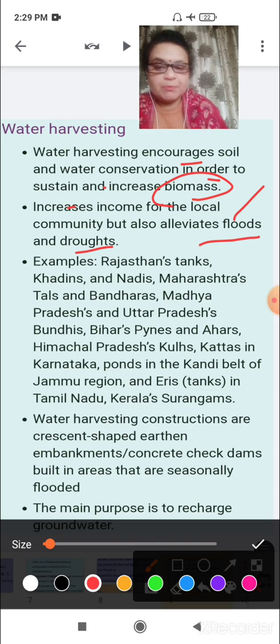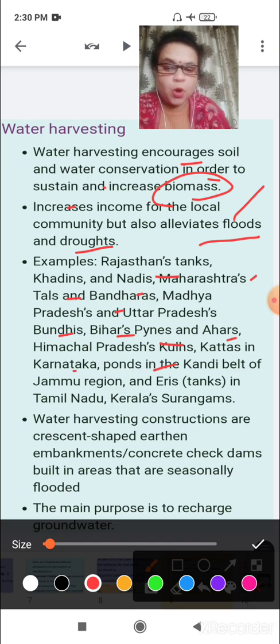Examples are Rajasthan's tanks, Khadin and Nadis, Maharashtra's Tals and Bandaras, Madhya Pradesh and Uttar Pradesh's Bundis, Bihar's Ahars, Himachal Pradesh's Kuls, Katas in Karnataka, ponds in the Kandi belt of the Jammu region, Eris tanks in Tamil Nadu, and Surangams in Kerala.